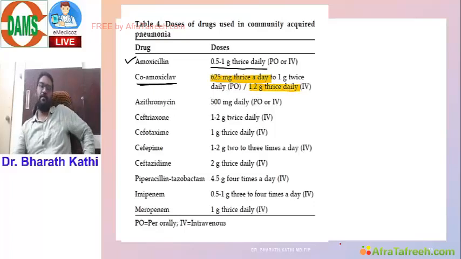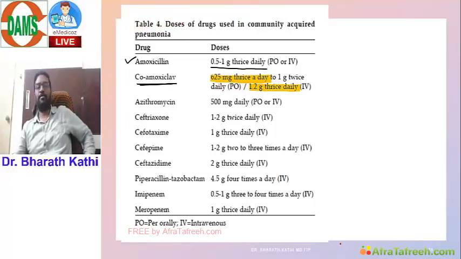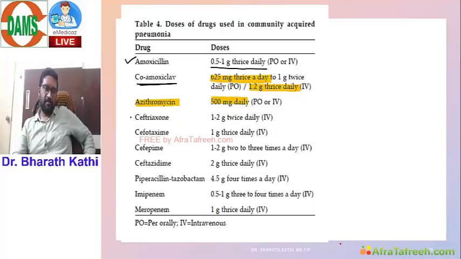If he is hospitalized, if you are thinking to give amoxiclav, the ideal dose for a patient weighing more than 60 kgs is generally 1.2 gram IV TID. Then azithromycin, if you are giving for any pneumonia empirically, 500 mg. Then ceftriaxone. So these are all the common drugs that we give.